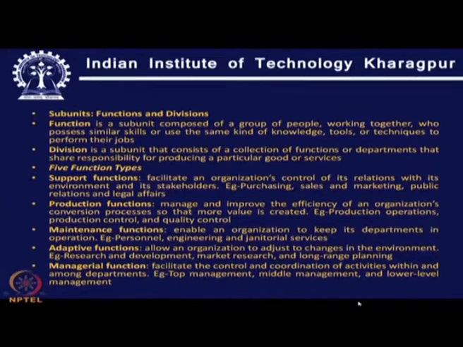How differentiation is done, how the different units are formed, is based on functions and divisions. Function is a subunit composed of a group of people working together who possess similar skills and or use the same kind of knowledge, tools or techniques to perform their jobs.